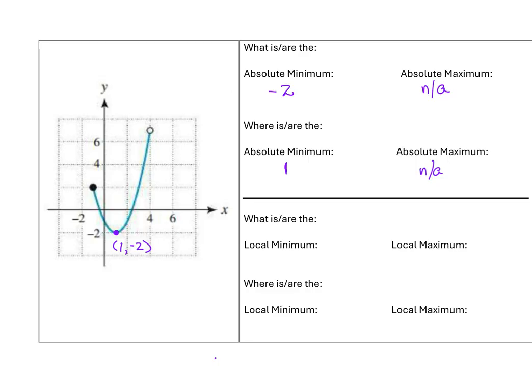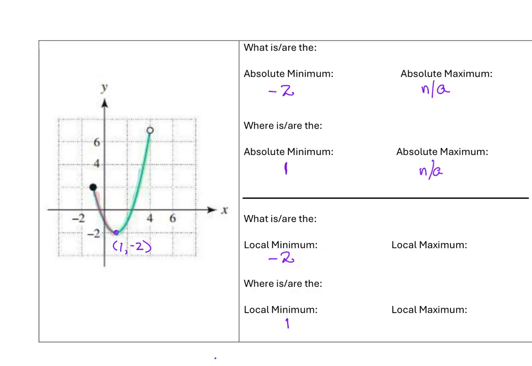Our local minimum, because we do have decreasing on one side, increasing on the other, this does qualify as a local minimum. And so we have a local minimum of -2 at 1.